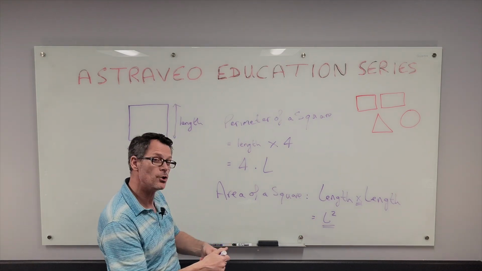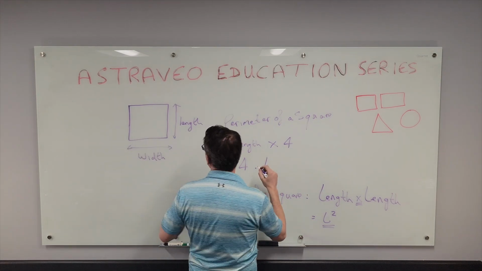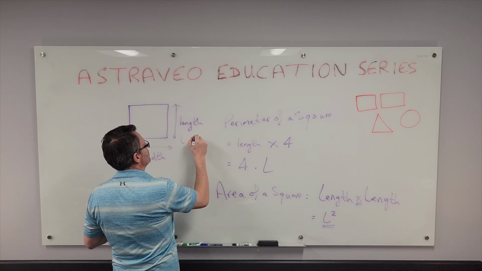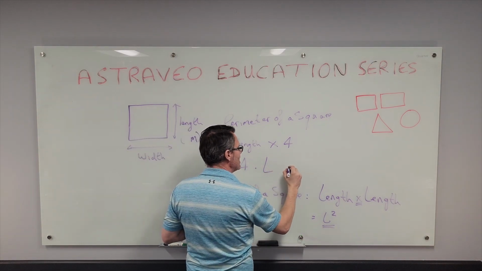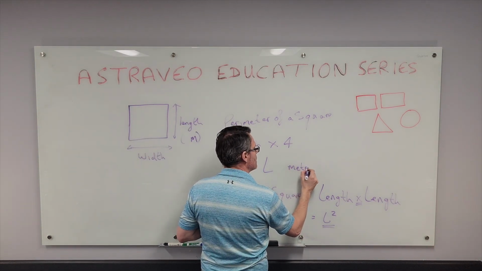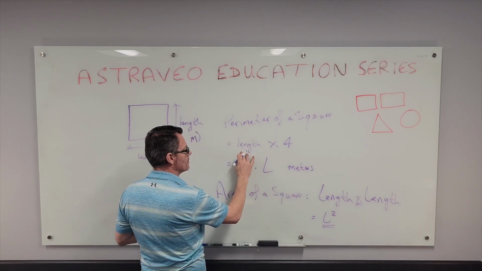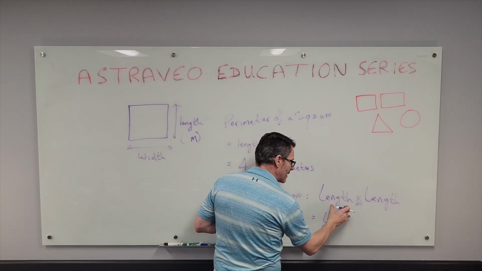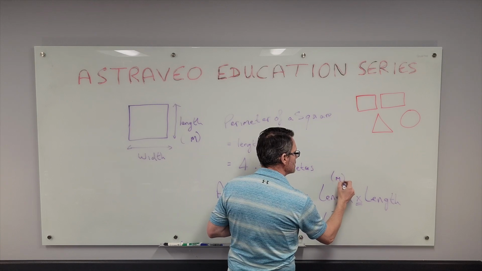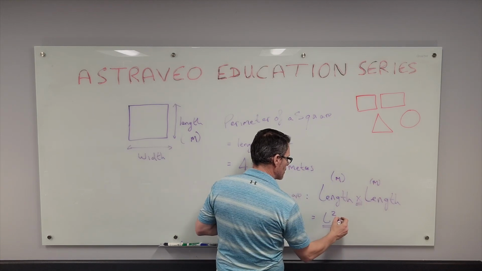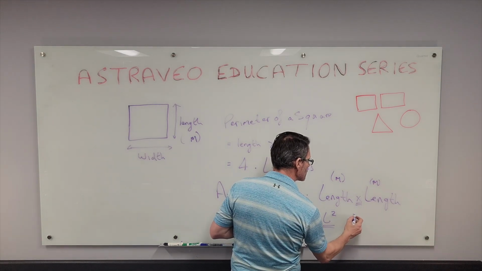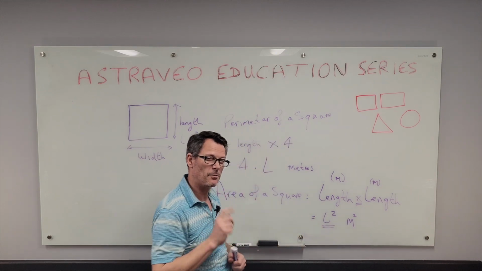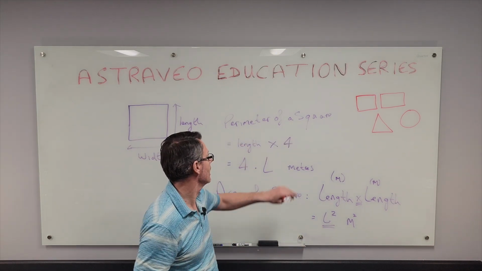Now they have very different units. You have to be careful. Let's assume we've measured these in meters. I'm just going to use M as a symbol. This would be meters because you're adding up 4 lengths. Here, you're multiplying a length by a length, a meter by a meter. So the units here would be meters squared. You have to be really careful of that. There's a subtlety there.